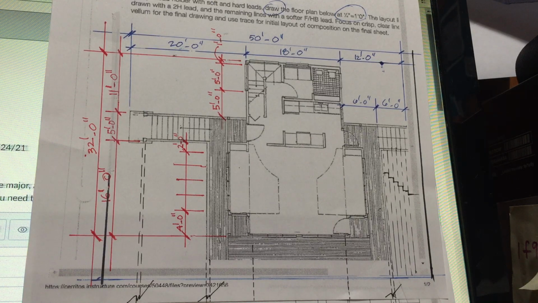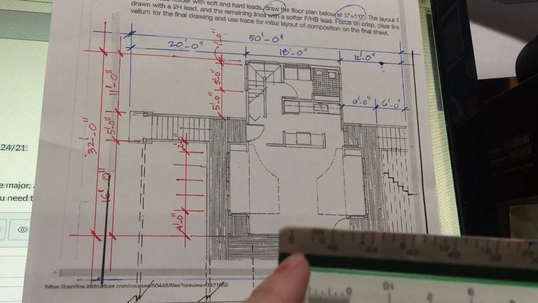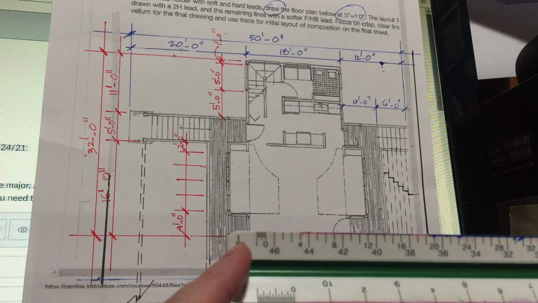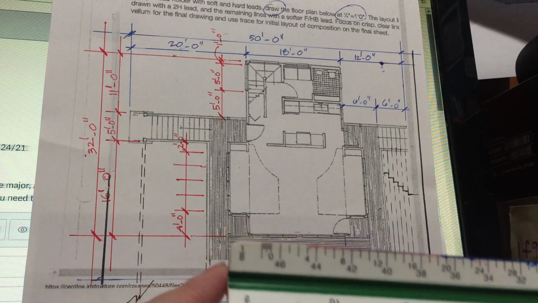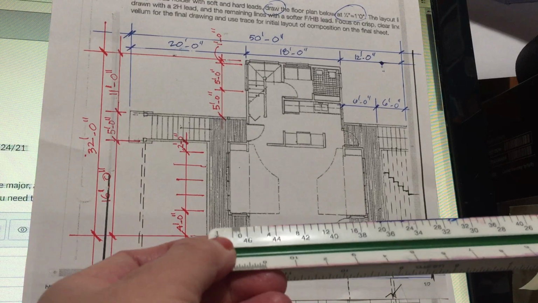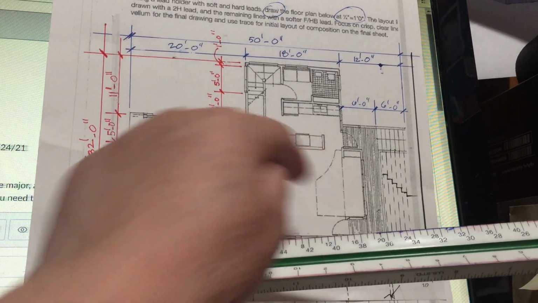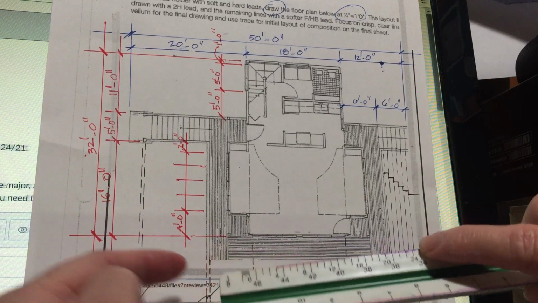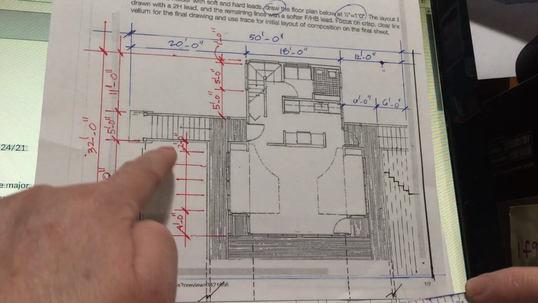Okay, before you start to draw, you measure on the scale 1/8. You can see this is 1/8. For example, you measure from here to here. You use the 1/8 scale from here to measure from there, you count the number, and you write out the number like I did right here.